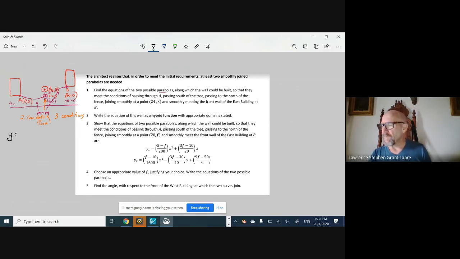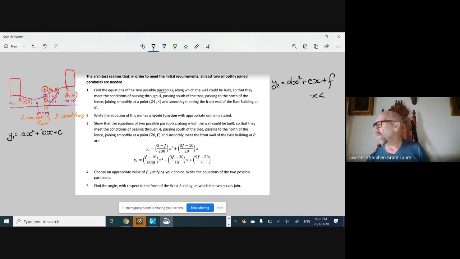I want to say the first parabola is ax squared plus bx plus c. I want the second parabola, I'll just call that y1 and y2, to be dx squared plus ex plus f. So that's the second parabola.